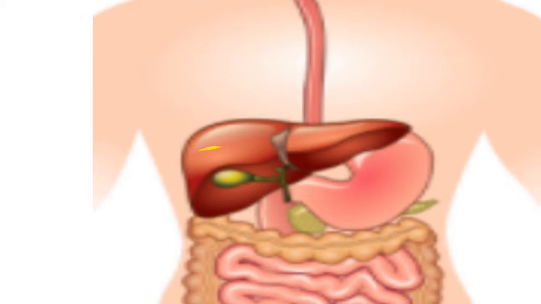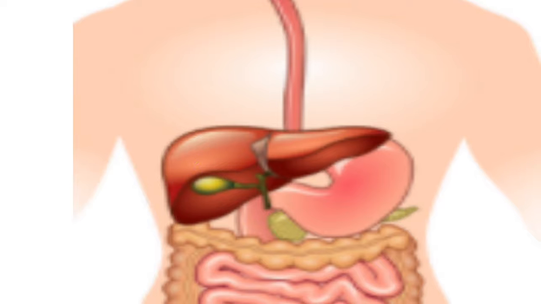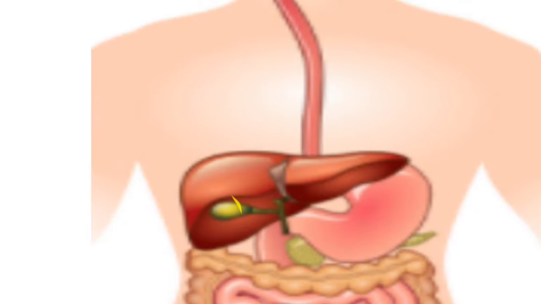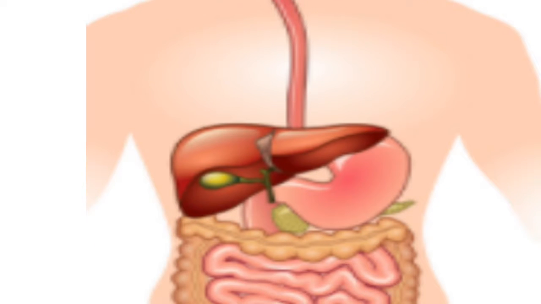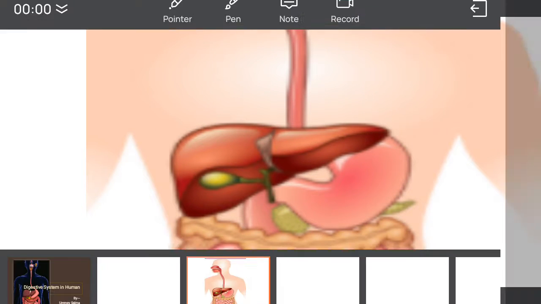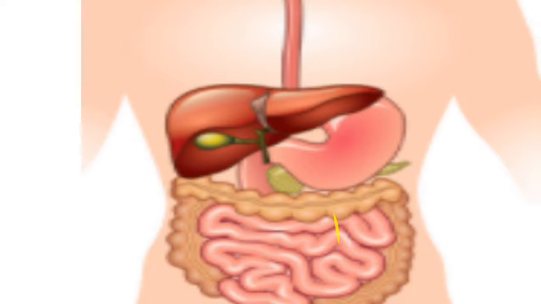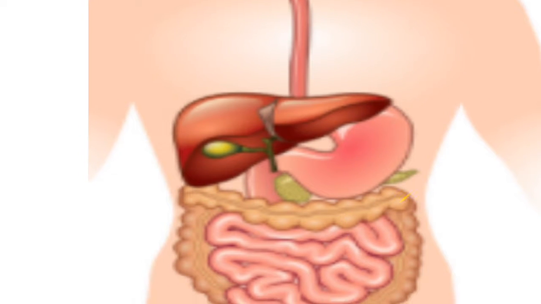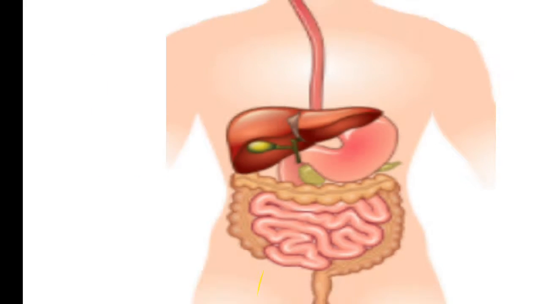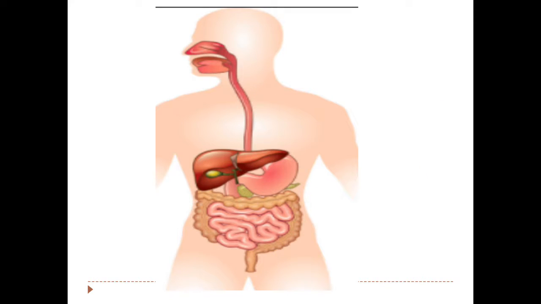So this triangular portion is the liver, and the deep green oval-shaped organ, as you can see, is the gallbladder, and the light greenish part that you can see behind the stomach is the pancreas. So these are the names of the parts of our digestive system.